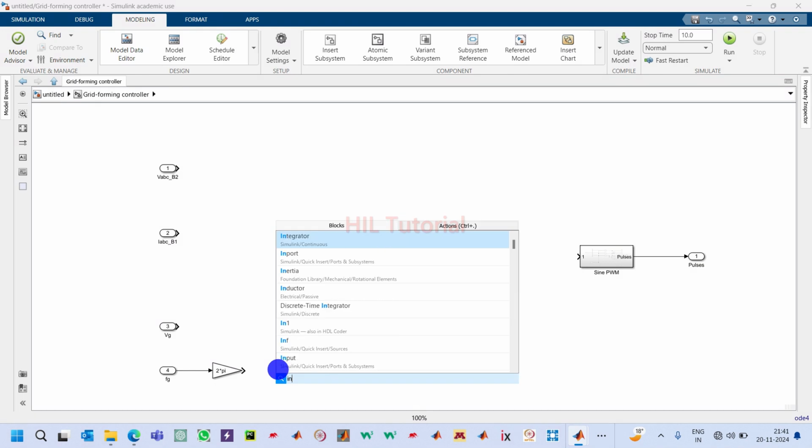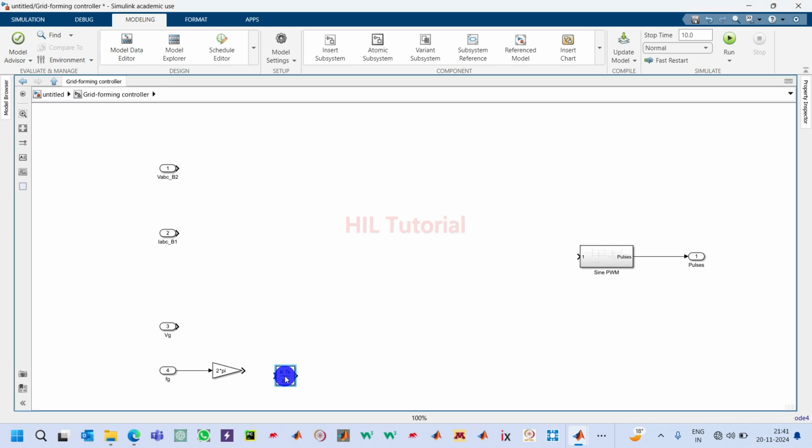Take one integrator, which should be a discrete integrator because we are already working in a discrete solver. Take a discrete time integrator and connect it here. Now this radian per second is integrated and continuously increasing, but continuously increasing is not correct. We have to stabilize the system, so there should be a continuous sawtooth type of signal.